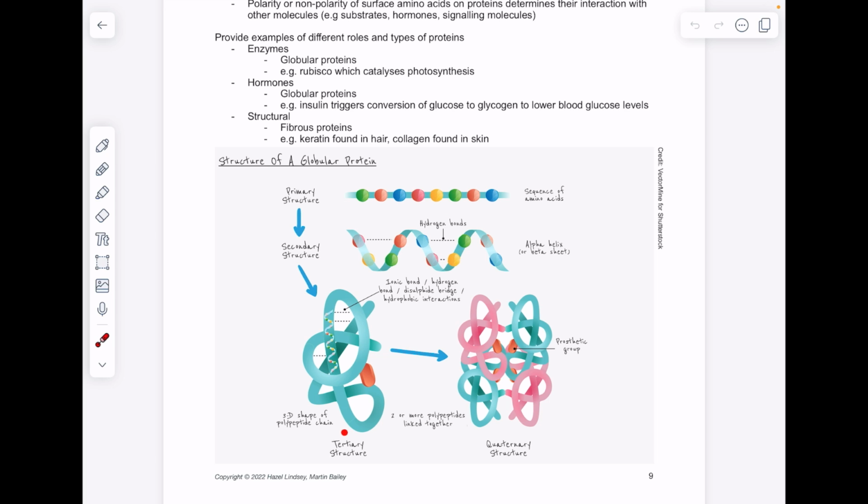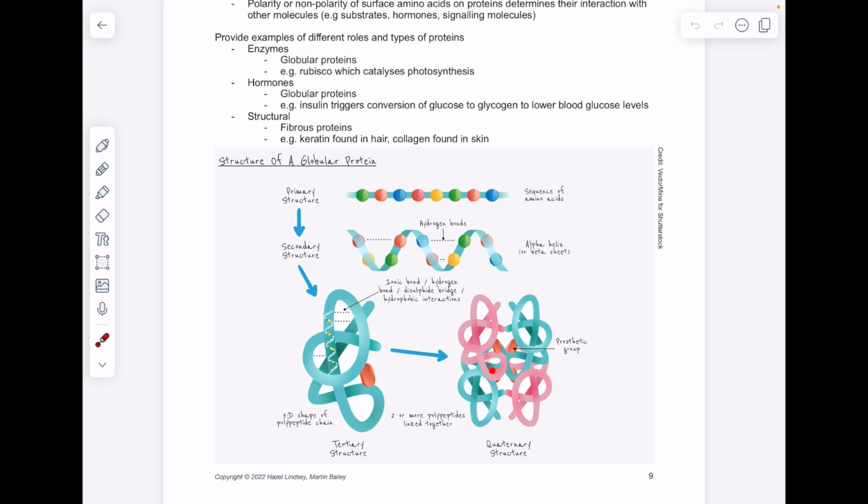Then in the tertiary structure, this is when we get our 3D shape of our polypeptide chain. Depending on the various R groups, this shape could be held in position through ionic bonds, hydrogen bonds, disulfide bridges, or hydrophobic interactions.